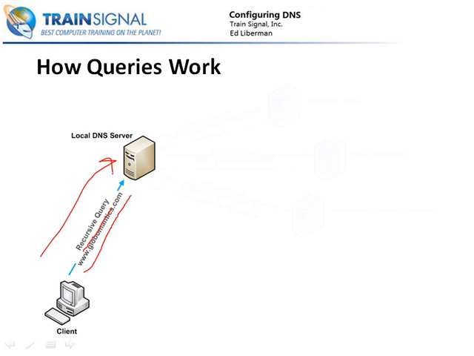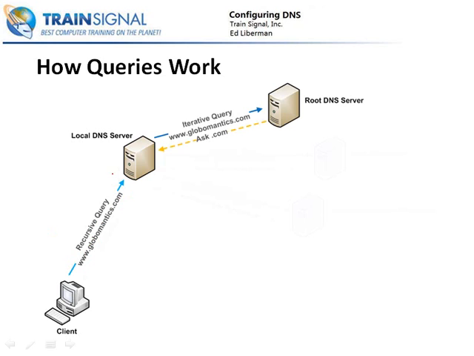So the first step of what the local DNS server does is make what's called an iterative query to the root DNS server. Okay, right here, the root DNS server. You may remember from the DNS namespace, the top level is root. Well, out on the internet, there are a number of root DNS servers, which are the top of the namespace, or they can resolve the top of the namespace of the entire internet.